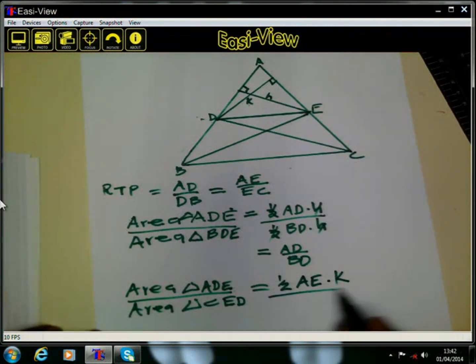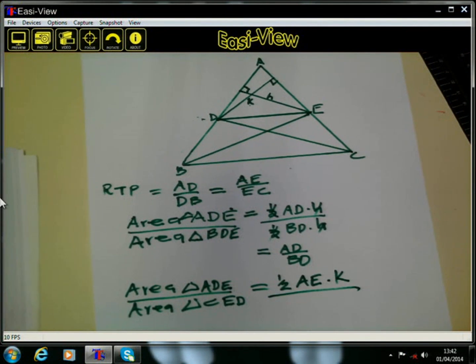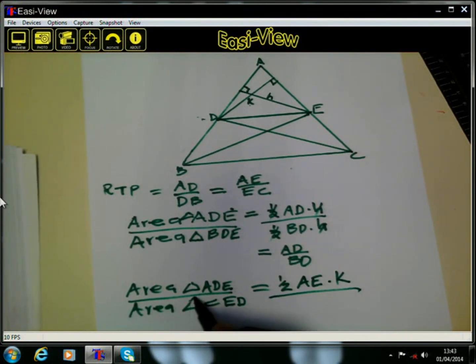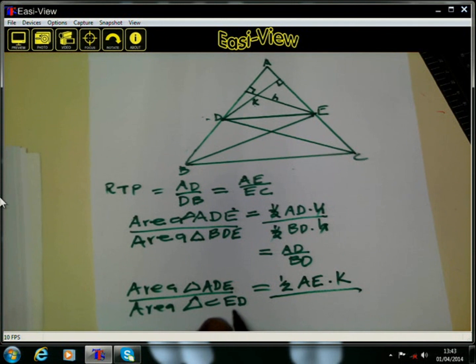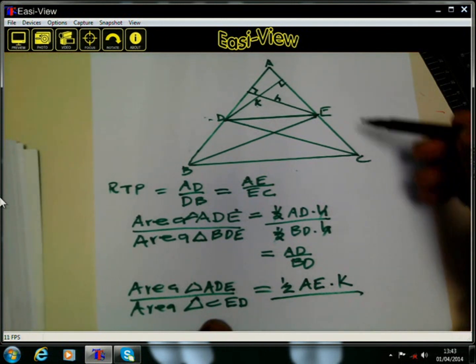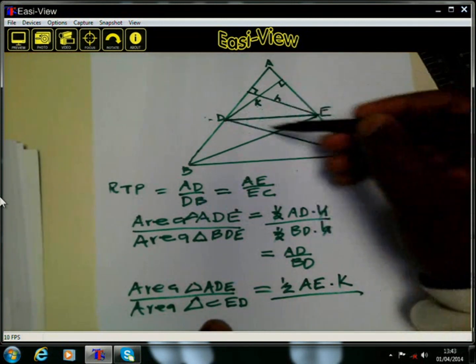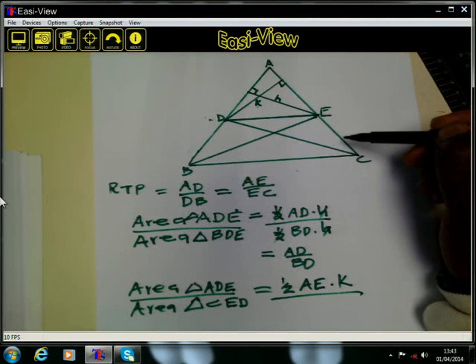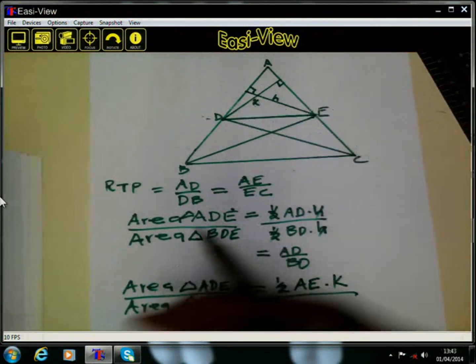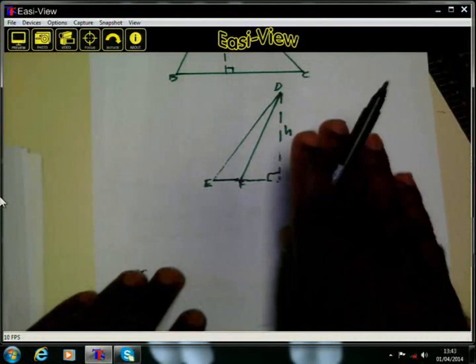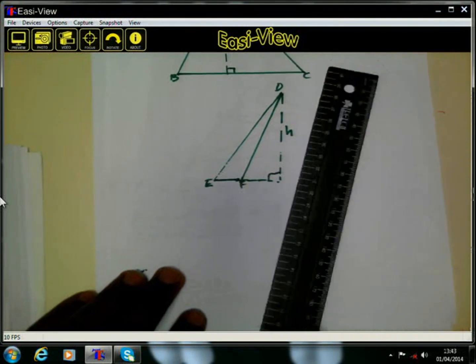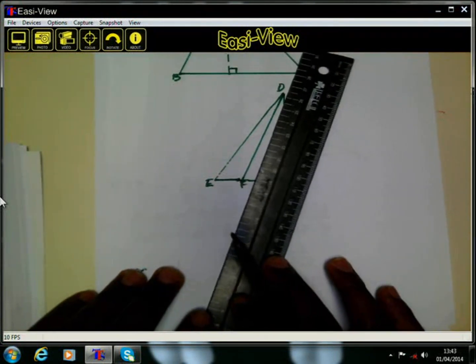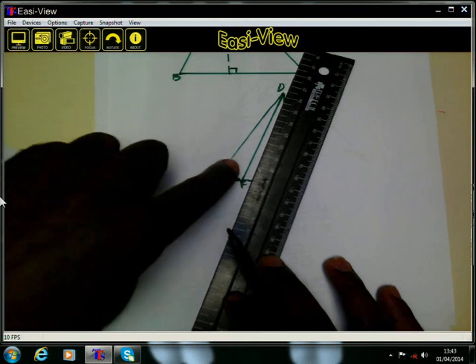Over area of triangle CED. This is now the triangle in question. When you quickly look at this type of triangle, it looks like this, colleagues, learners. Its perpendicular height cannot be determined within the triangle itself.